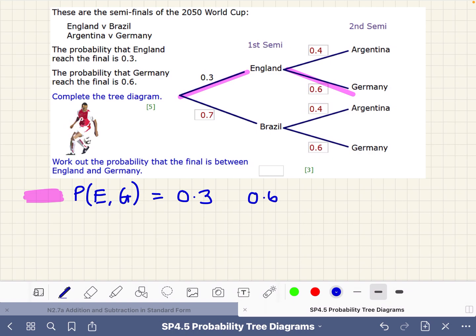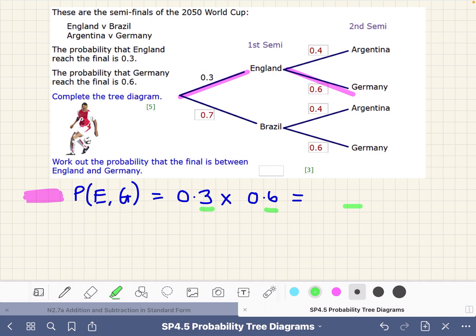We're going across the branches where we have England and Germany, therefore we multiply those values together. We have one decimal place in each of our decimals, which means there are 2 decimal places altogether.